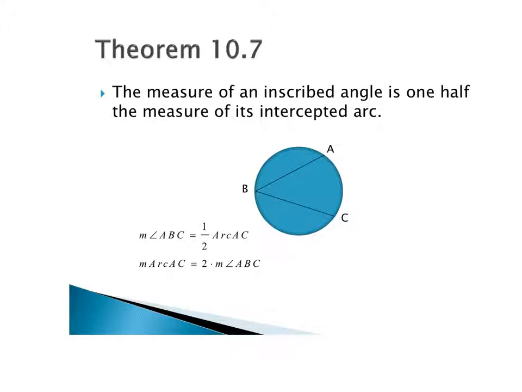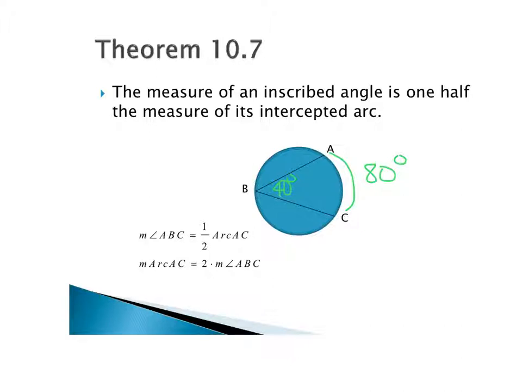So for example, if I gave you this arc measure of AC to be 80 degrees, then its inscribed angle would be 80 divided by 2, or 1/2 of 80, and the measure of this inscribed angle would be 40 degrees.